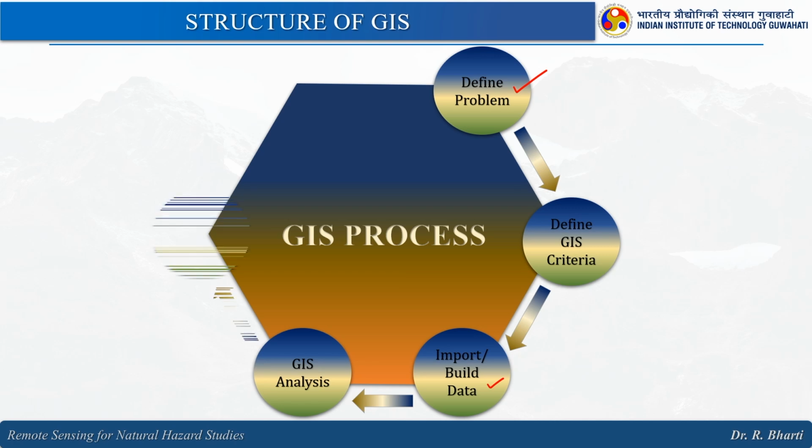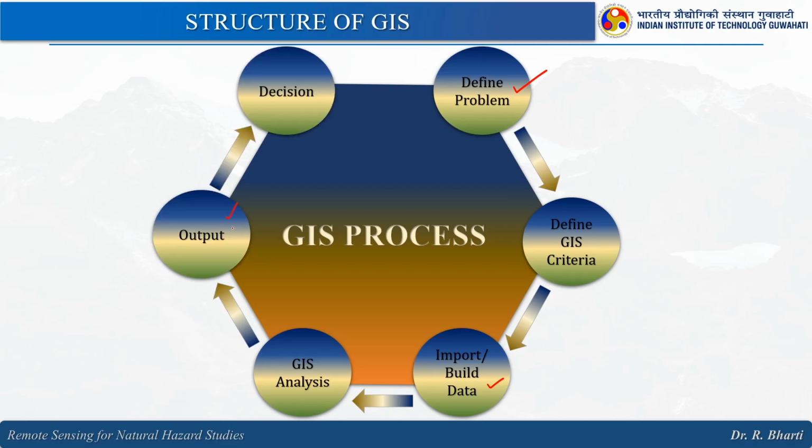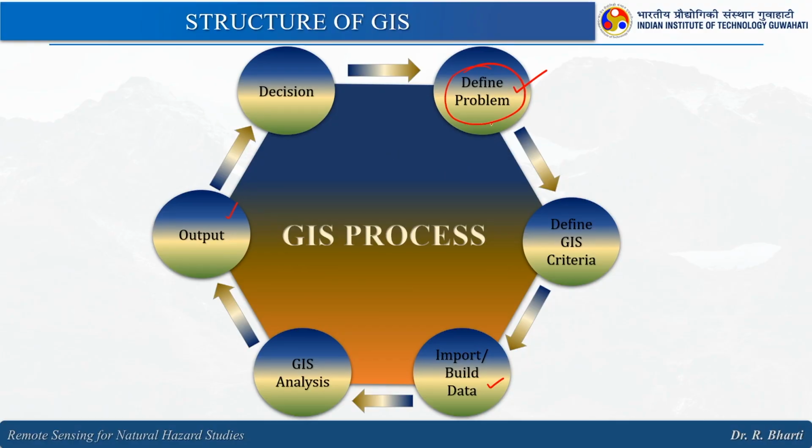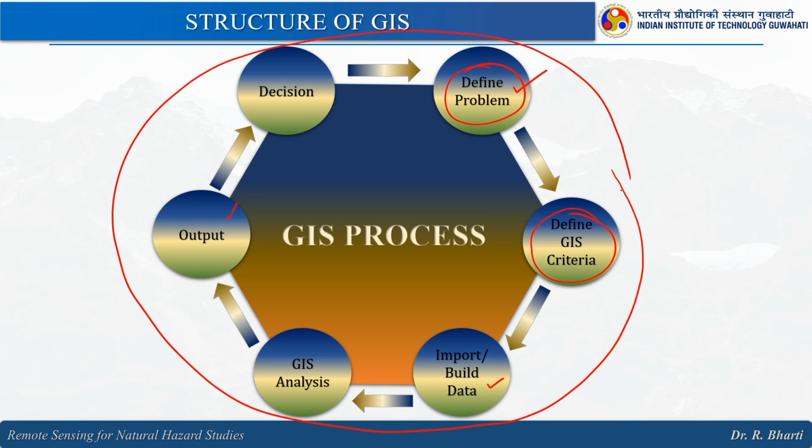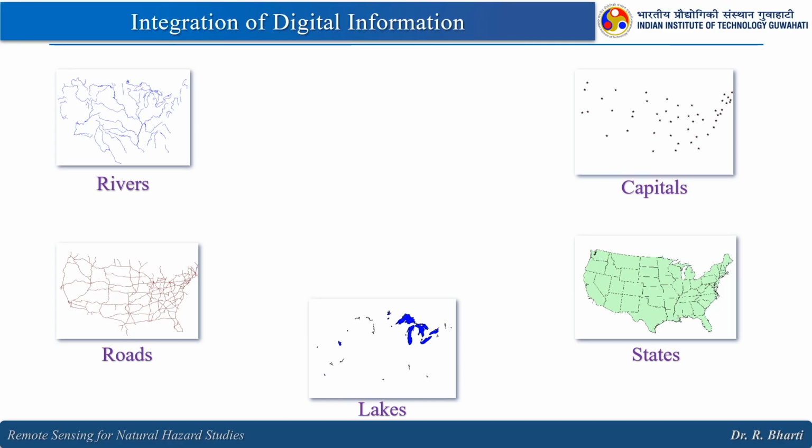Then you go to the output, and once the output is generated, it provides the option of decision. Here is the decision support system: whether this result is good, whether it is helping you or not. If not, then you need to modify your problem or your GIS criteria, right. Once you go through this entire channel, this is called the typical structure of GIS.